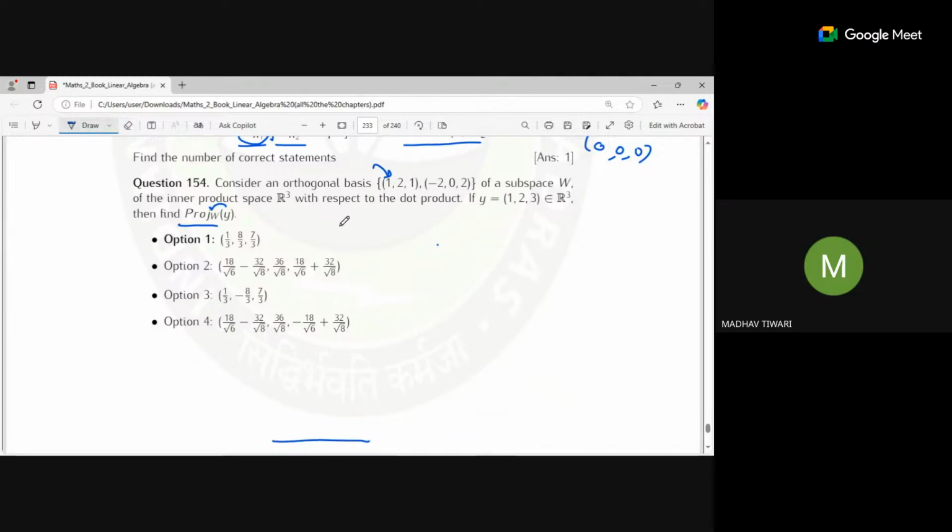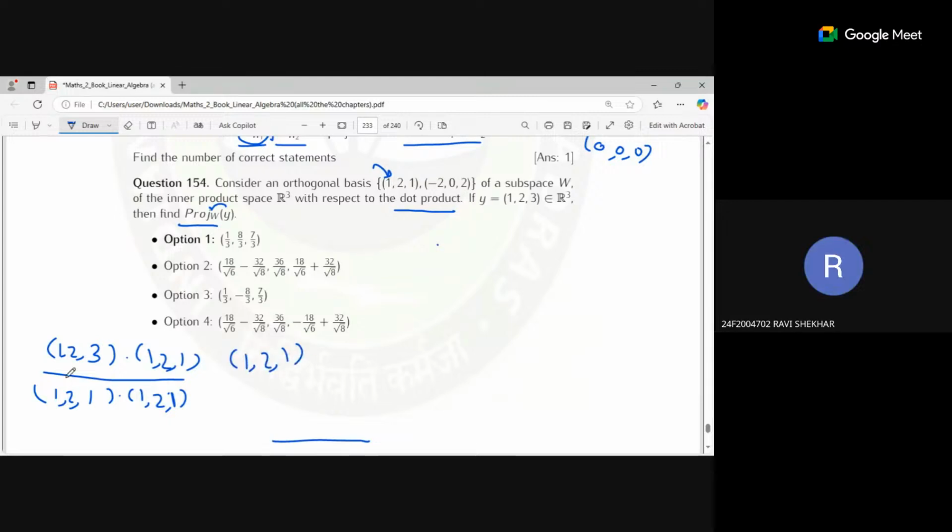1, 2, 3 on 1, 2, 1. So how can I find it? 1, 2, 3 dot product with 1, 2, 1 divided by the dot product of 1, 2, 1 with 1, 2, 1. Then if I multiply this with 1, 2, 1, it will be my answer.